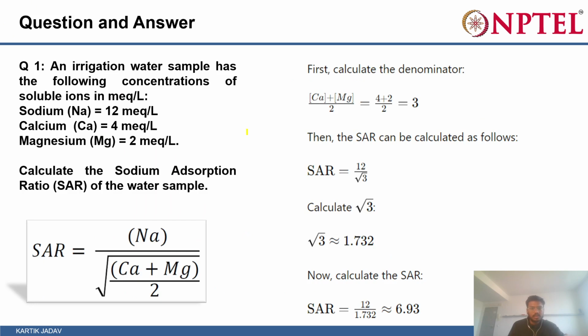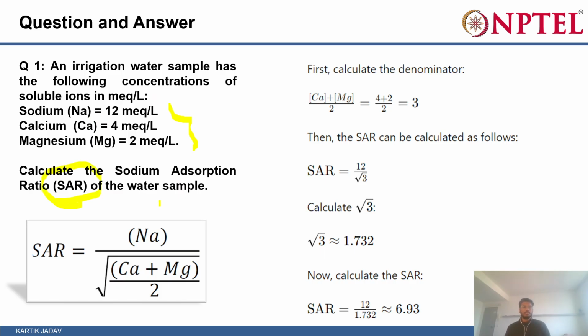Okay, so a numerical type of question. Let's do that also. An irrigation water sample has the following concentration of soluble ions in milliequivalent per liter. We need to calculate the sodium adsorption ratio.